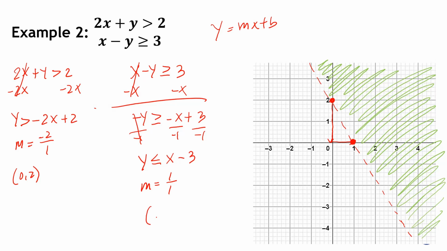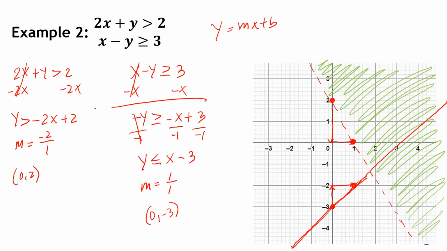The reason I'm doing that is because I want you to remember that we have vertical movement and horizontal movement. So 0 and negative 3 is right here. That's 1 over 1, so that means 1 unit up, 1 unit to the right. Here's your other point. Here I will use a solid straight line.